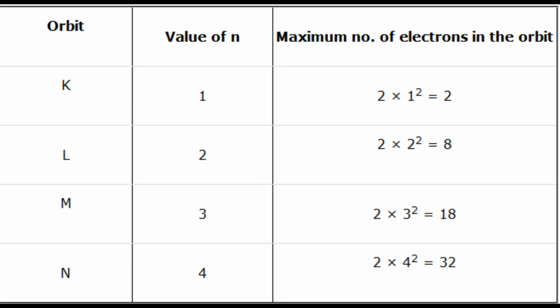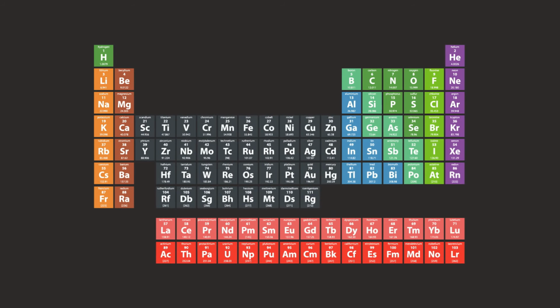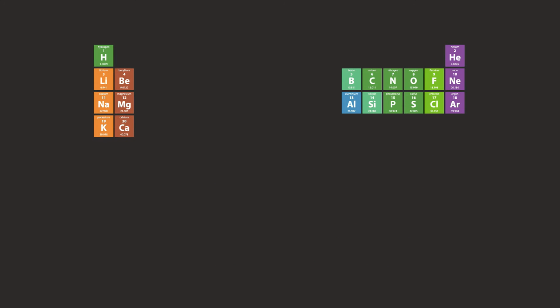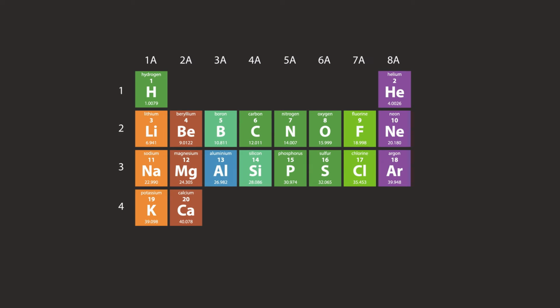But the 2n² rule is only applicable to the first 4 shells, as the rest of the shells do not follow this trend. For class 8, we'll study the first 20 elements and concentrate our understanding on these 20 elements only. So according to 2n², the first shell can hold a maximum of 2 electrons.